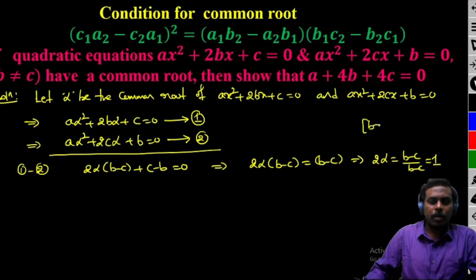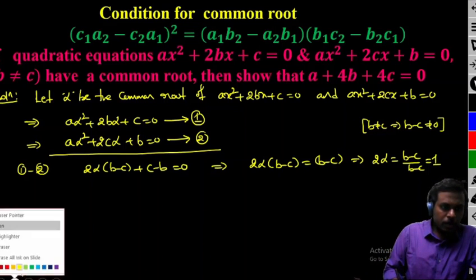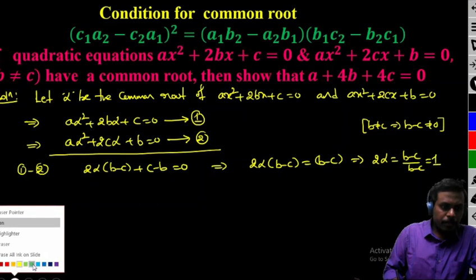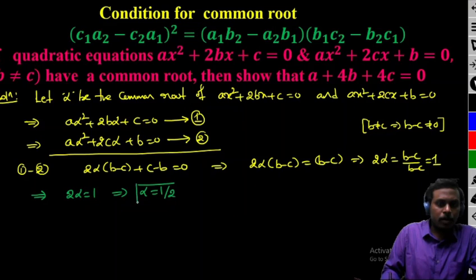Remember, b not equal to c implies b minus c not equal to 0. So what is that you have got here? So 2 alpha is equal to 1 implies alpha is equal to 1 by 2. So you have got the common root as 1 by 2.